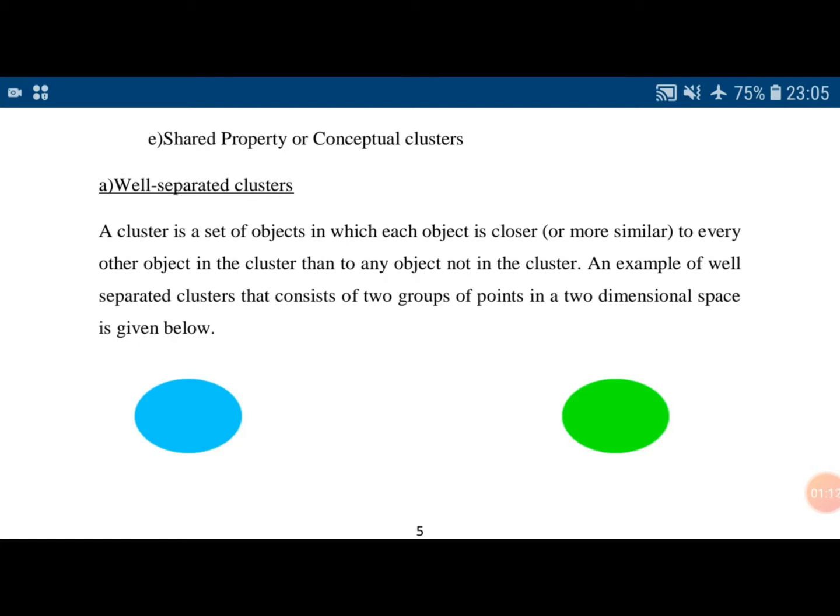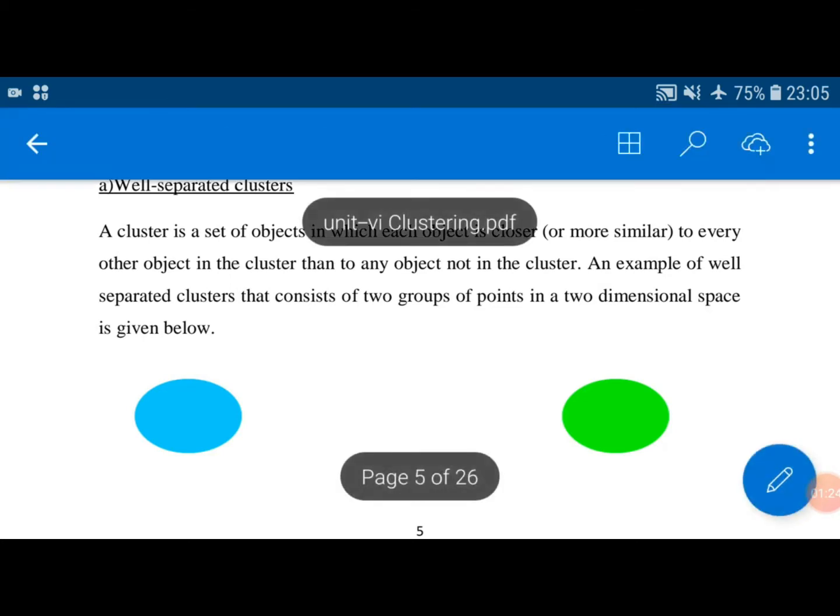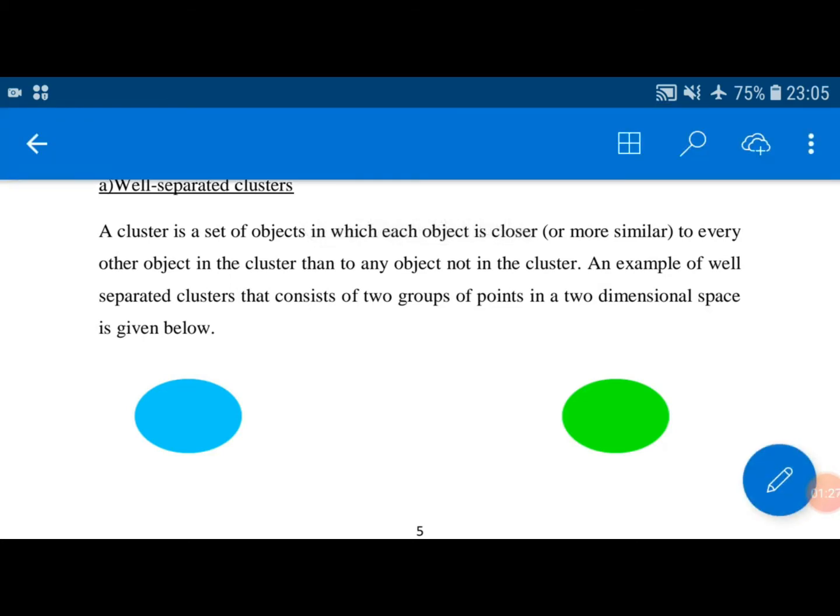For example, here there are two clusters as shown in the below figure. The blue oval is one cluster and the light green oval is the other cluster. Then these two are well separated clusters.